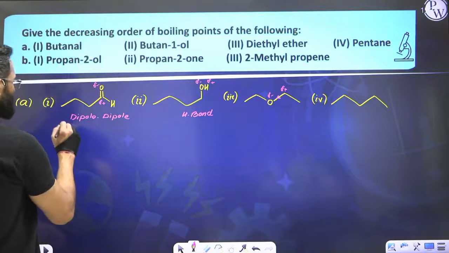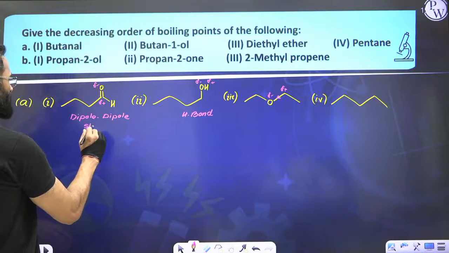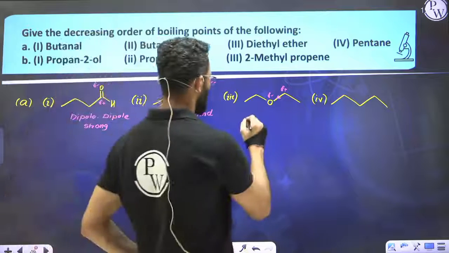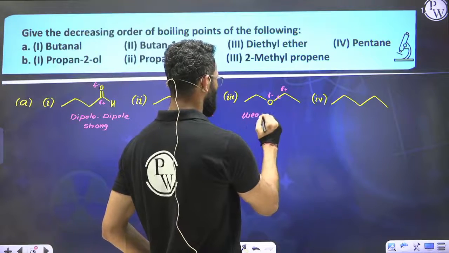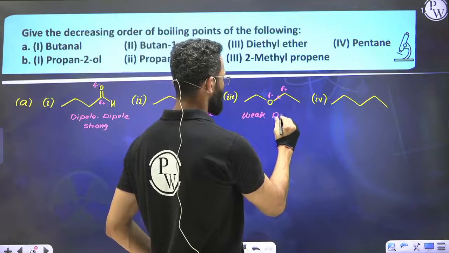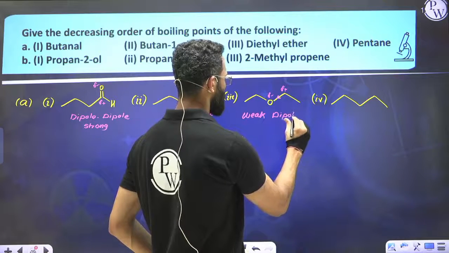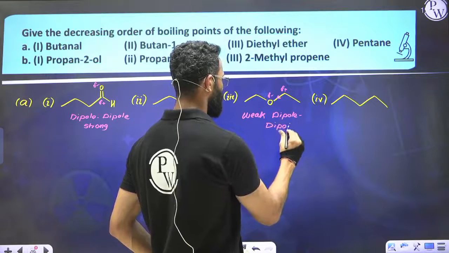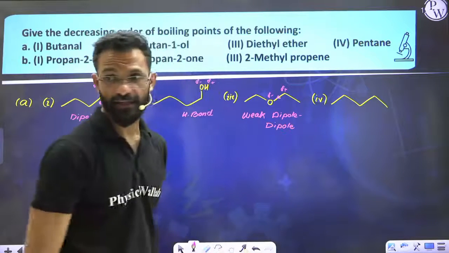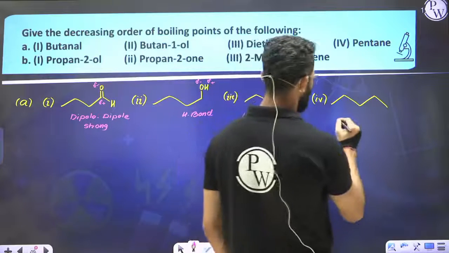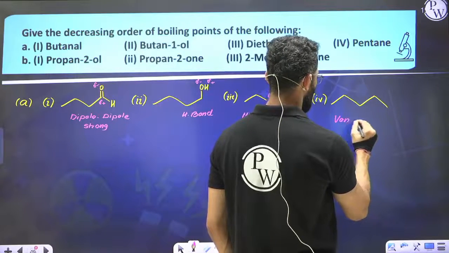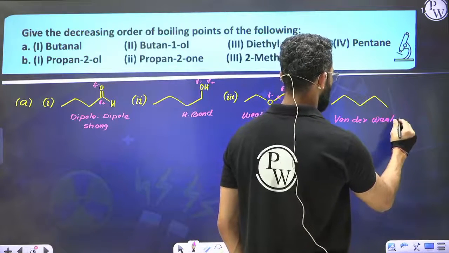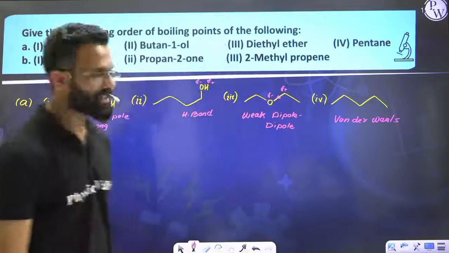So you can say strong dipole-dipole interaction plus van der Waals here, and here relatively weak dipole interaction, and in case of n-pentane it is just van der Waals force of attraction.